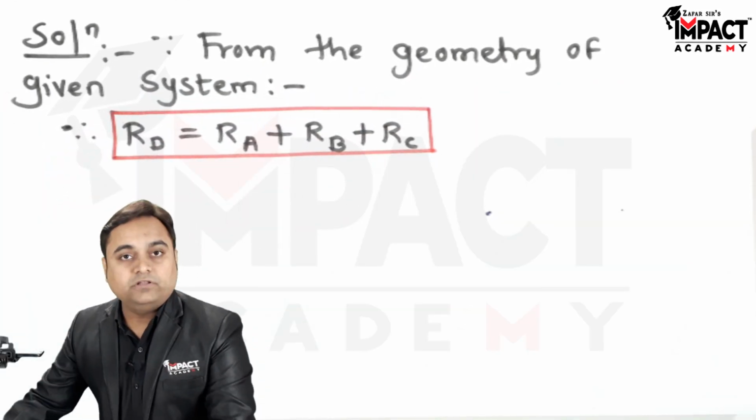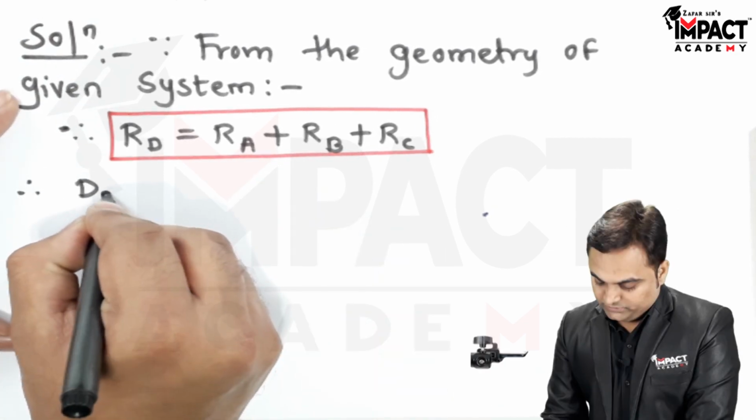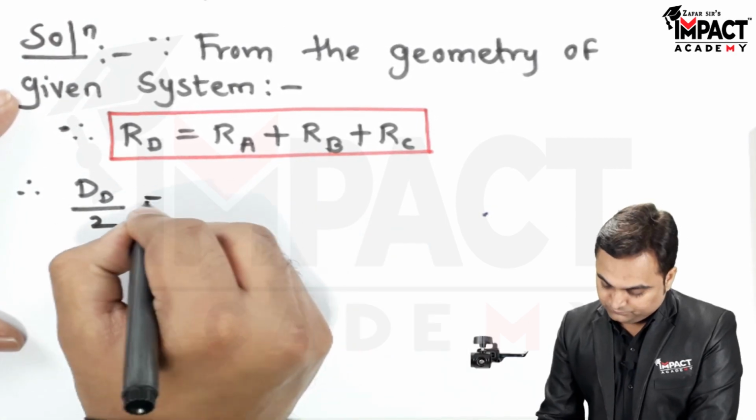Next, writing all the radii in the form of diameter, it is diameter by 2.